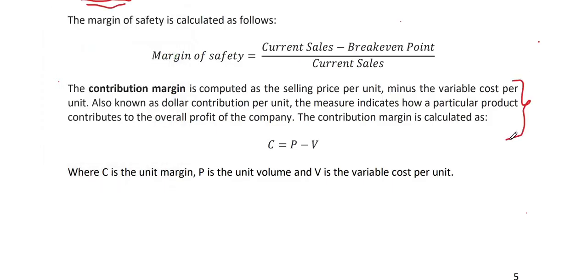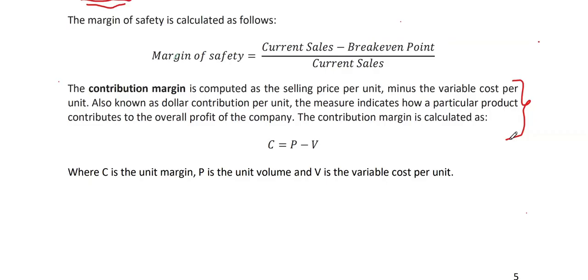So a company might be selling 10 products, right? It wants to know what is the contribution margin for each of those 10 products. Let's take Red Stripe as an example. Red Stripe sells Red Stripe beer, that's the traditional fat bottle, flavored beer, and light beer.